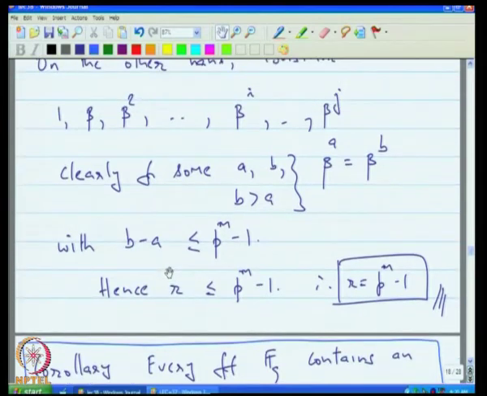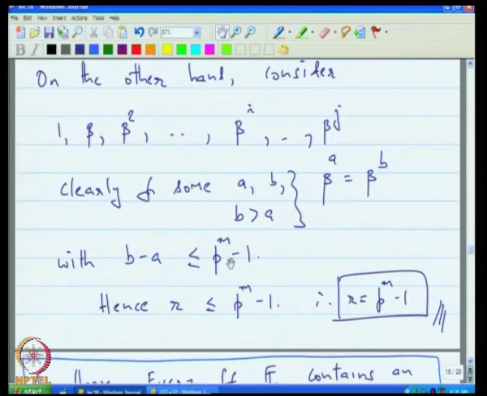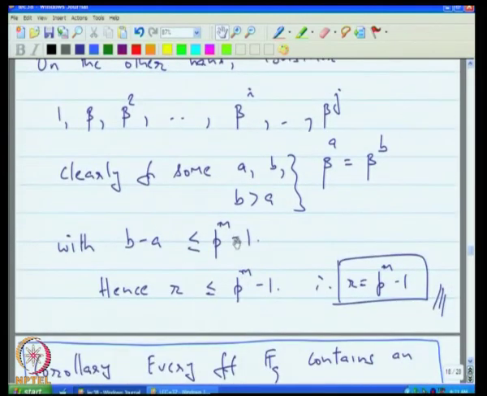Therefore, the maximal order must be less than or equal to p to the m minus 1, because this is equivalent to saying that beta to the B minus A is equal to 1.